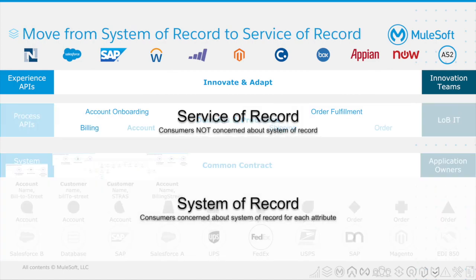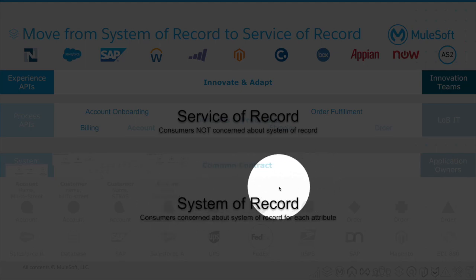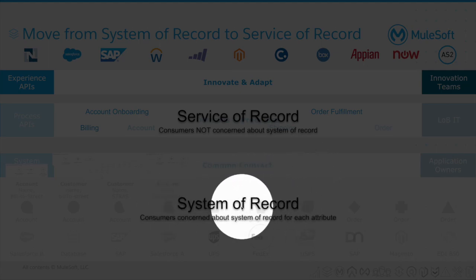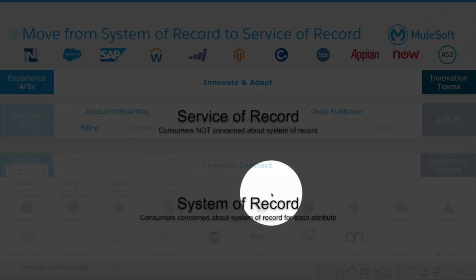Now, what we've done by taking this API-based approach is eliminated the need to worry about systems of record. In the old days, if you come from an MDM world, we always talk about what's the system of record for these attributes or those attributes, or this set of records and that set of records. We've moved away from that.